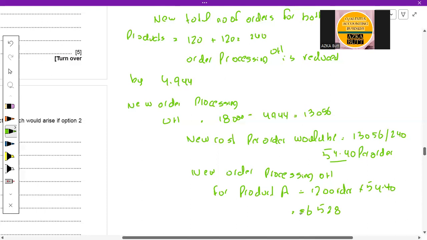Okay, and now in step 3 I'm going to adjust other cost.